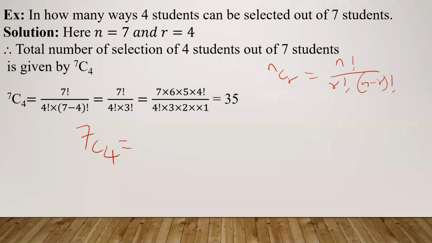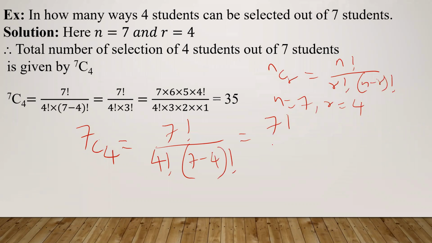So here n is 7 and r is 4. Apply this formula. So 7C4 will be 7 factorial divided by 4 factorial into (7 minus 4) factorial. In the numerator, 7 factorial, and in the denominator 4 factorial and 3 factorial.